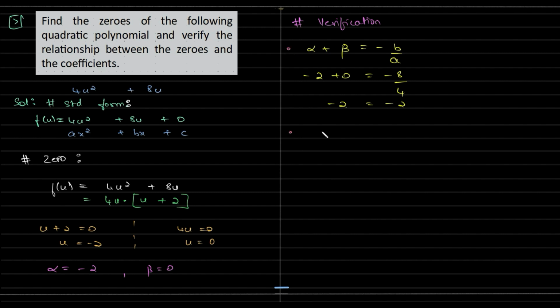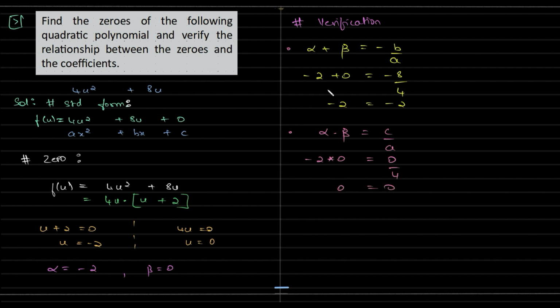My second term is alpha into beta. My second formula is alpha into beta is equal to c by a. Alpha is minus 2 into 0 is equal to c is 0, right? C is 0 and a is 4. So 0 is equal to 0, right?